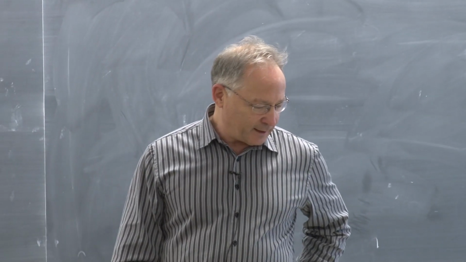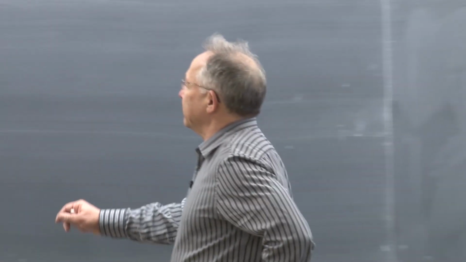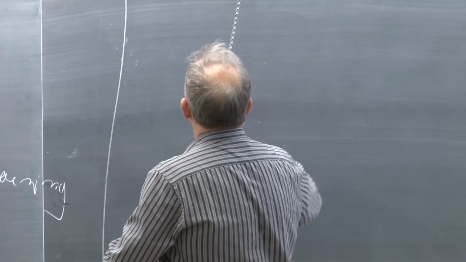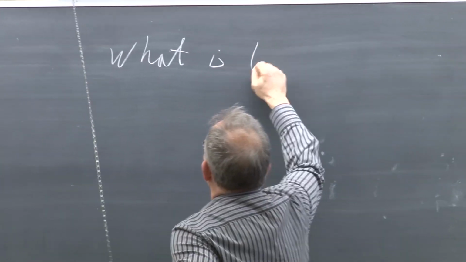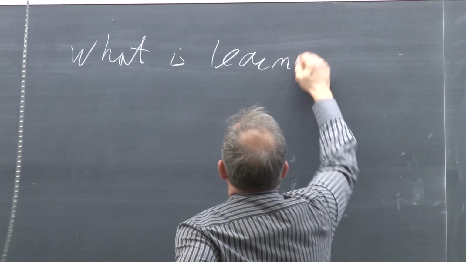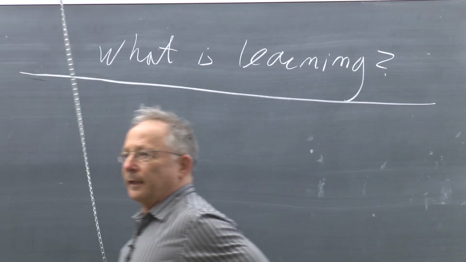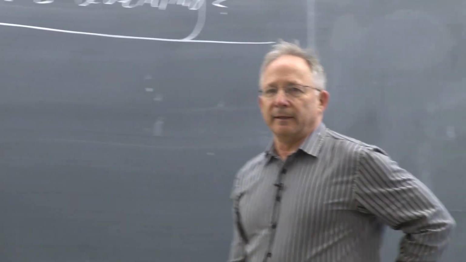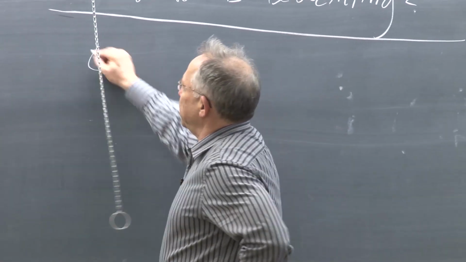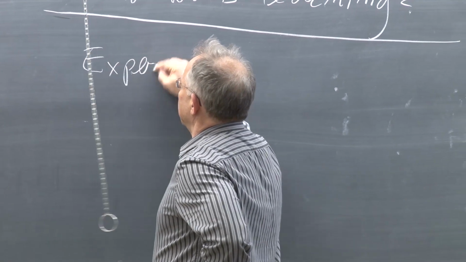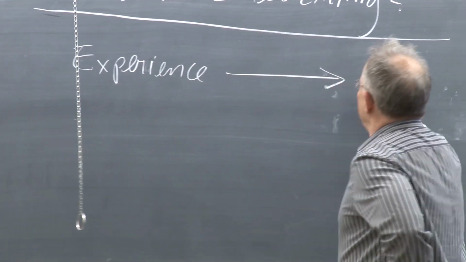OK, so let me start by talking a little bit about learning. So what is learning? What is machine learning? And one way of describing learning is that learning is the process that takes us from experience and leads us to expertise.